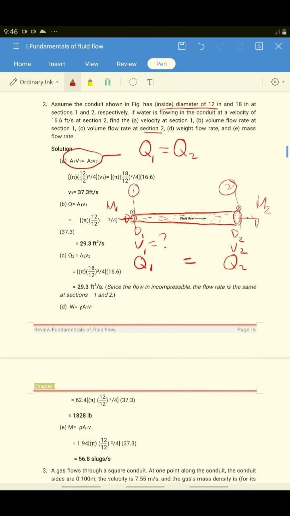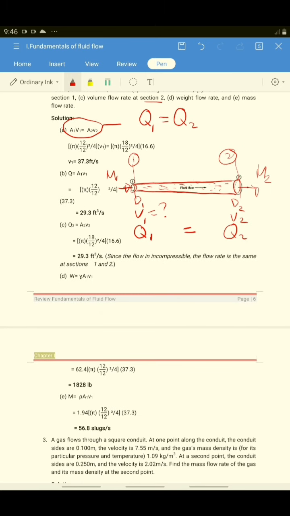Next is to get the weight flow rate. So since you already have your velocity at section 1, you can get now the weight flow rate of section 1. And of course, you can also express this, that is weight flow rate, in pound per second.